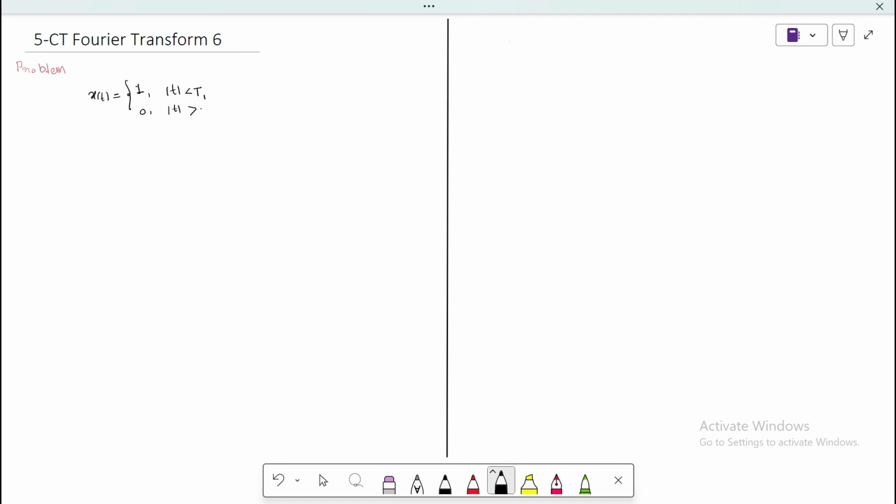This is out of interval. So for this case, what is the Fourier transform? X of j omega is what? So I would like to draw the time domain signal here for this. So these are very, very important problems.